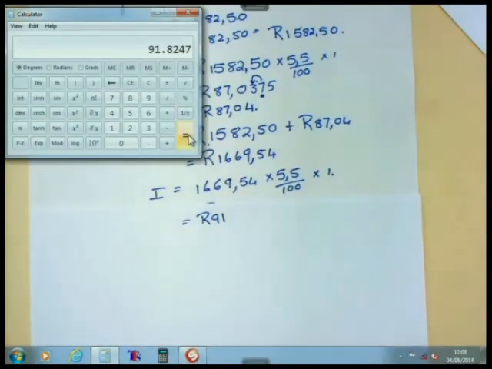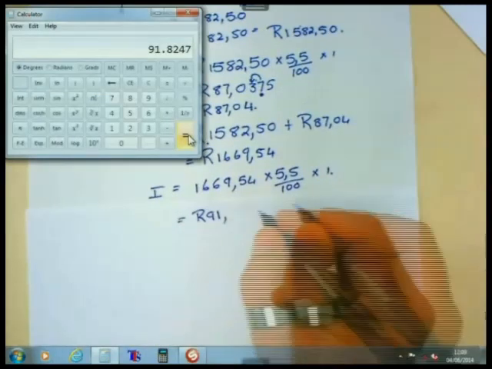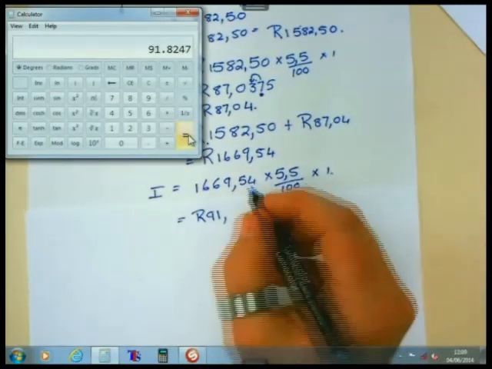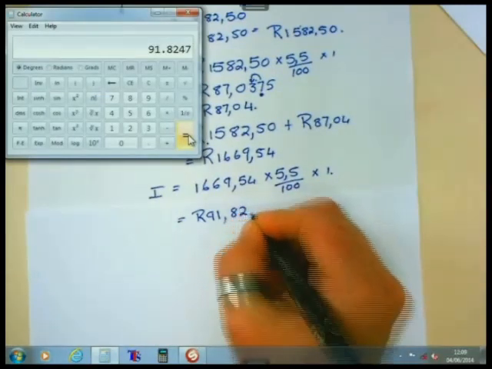If I round this off correctly to 2 decimal numbers, the 4 cannot make the 2 a 3, so it will simply be 91 rand and 82 cents.